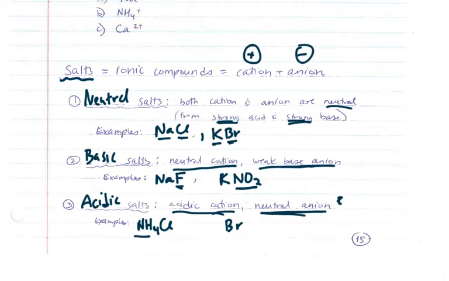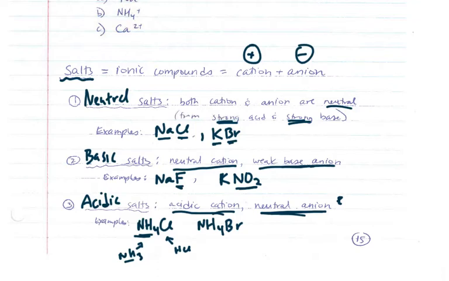The ammonium ion is weakly acidic because it's the conjugate of ammonia, which is a weak base. Whereas the chloride ion comes from hydrochloric acid, a strong acid, so it's neutral. And then we could say the same for NH4Br. This one would also be slightly acidic. So it has an acidic cation, so it makes the salt acidic. If you add those salts to water, it will make that solution a little bit acidic.